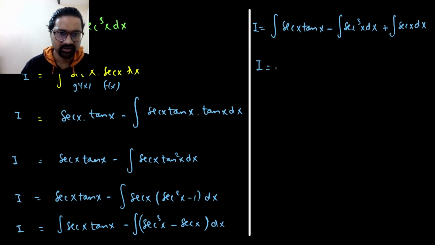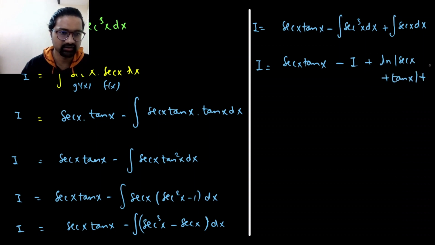And now in this step, there is no integration over here, so this is sec x tan x only. And now I'm just going to replace the integral of sec cube x with I, and obviously the integration of sec x is ln of sec x plus tan x, and plus c we can add later.